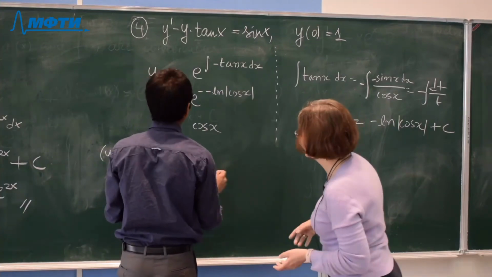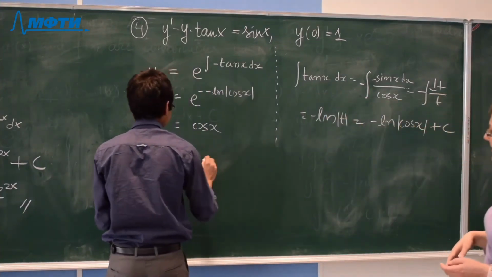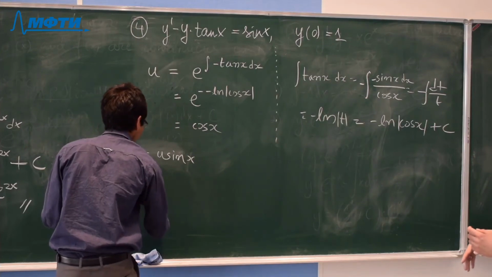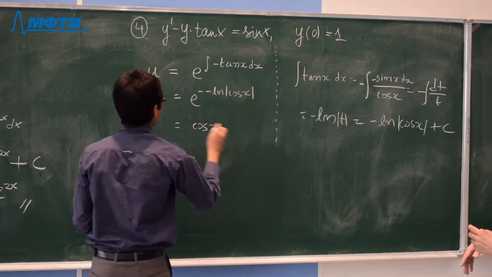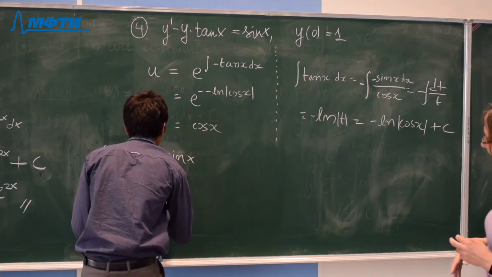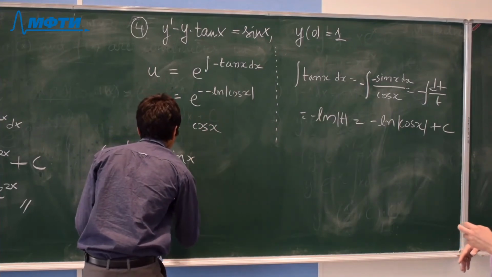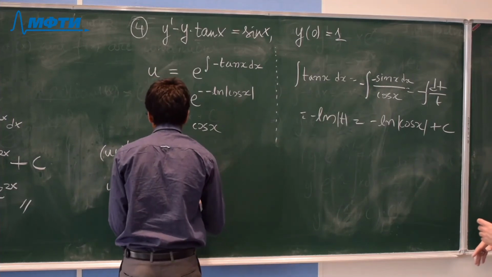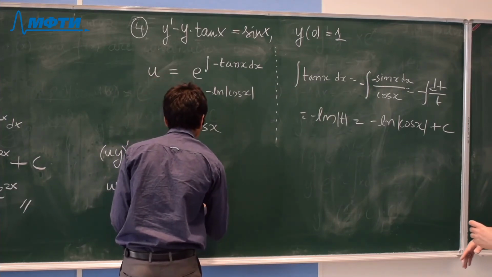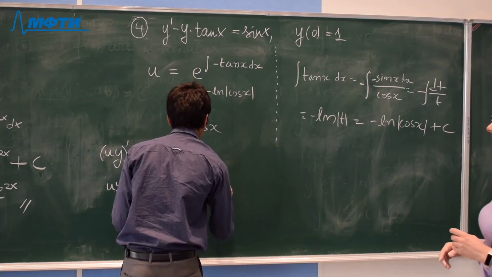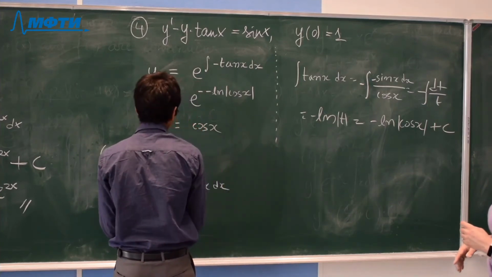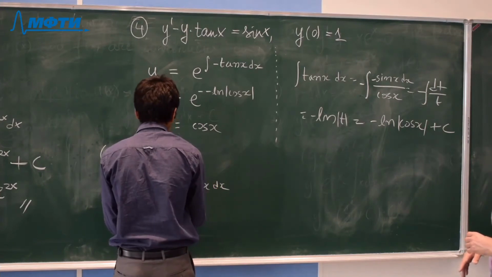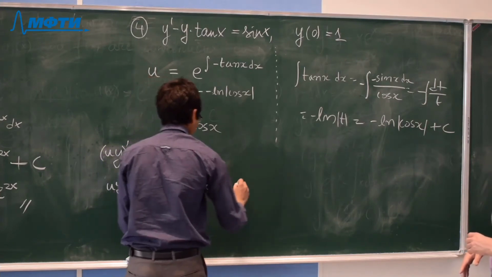Right. So u is cos x and times sin x dx. Now we can do it many ways. Sin x's derivative is cos x.